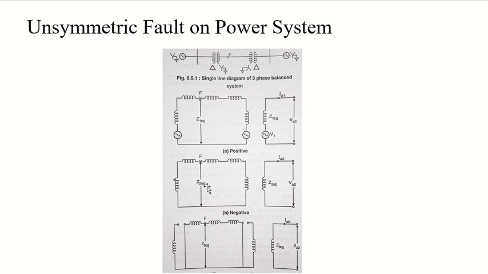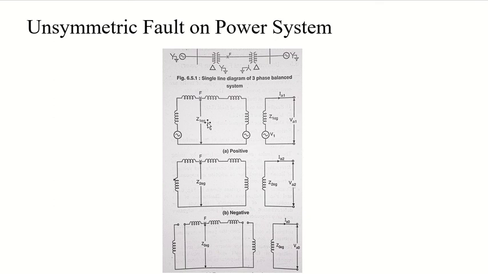The Thevenin's voltage source is the pre-fault voltage at my fault point, and the equivalent impedance Z1 EG is the impedance seen from the fault point. Here this one is my fault point, and the impedance corresponding to that is Z1 EG, as you can see here.